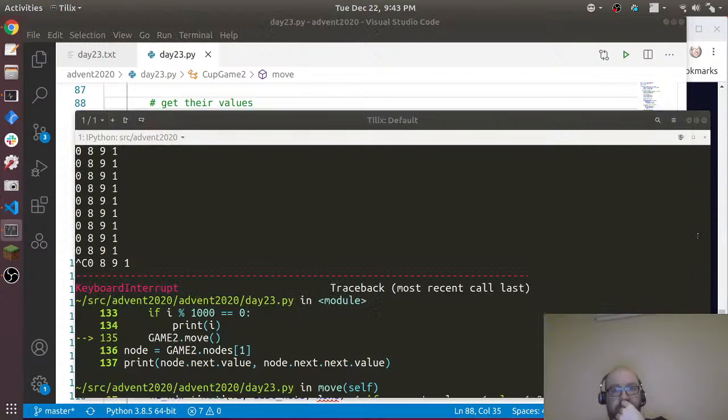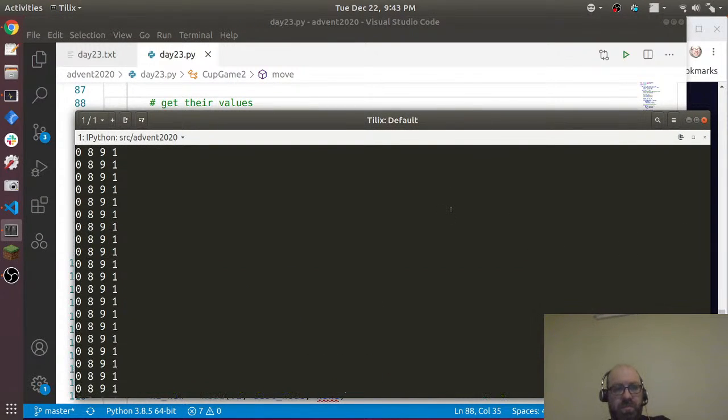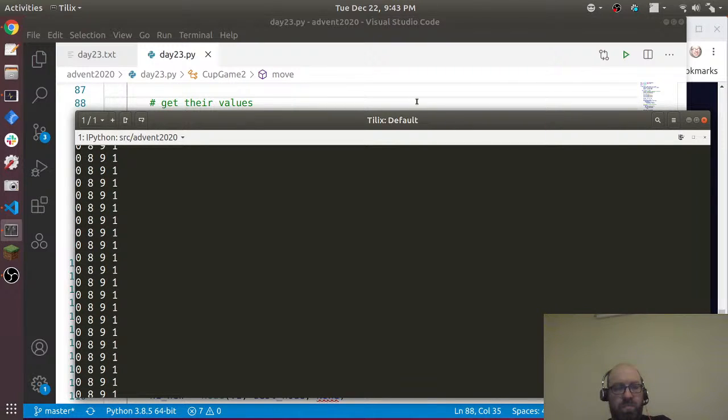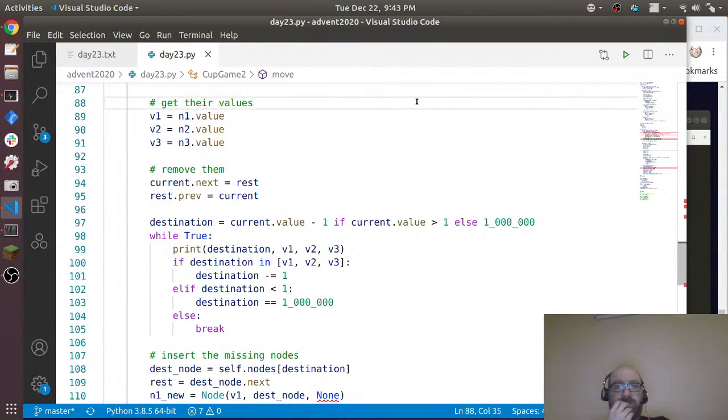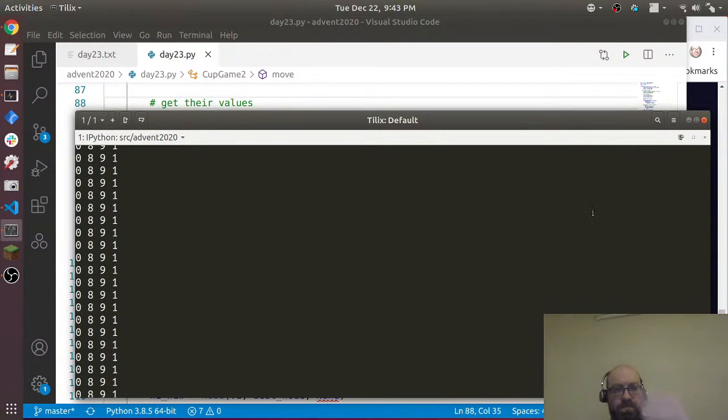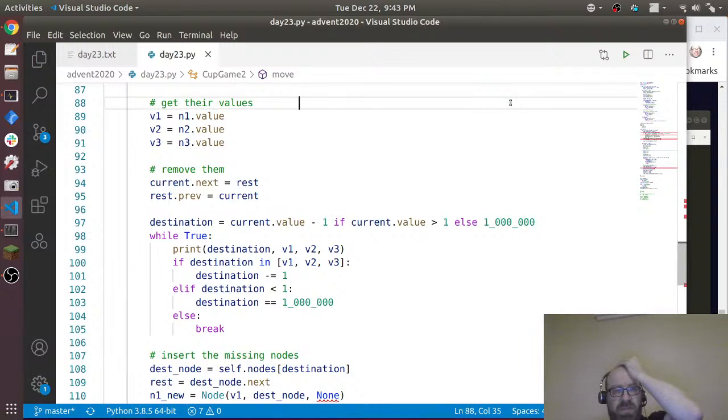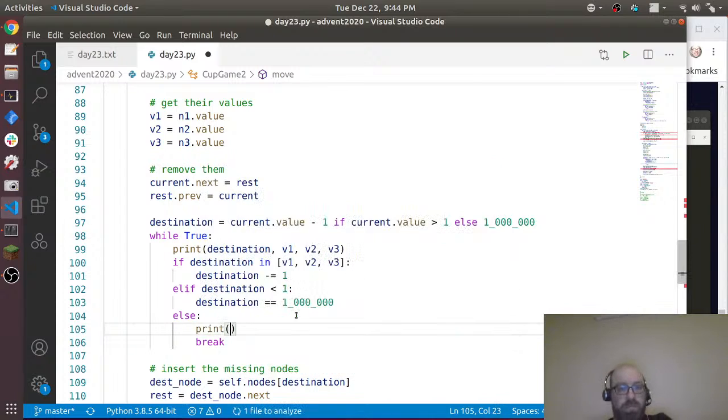While true, print destination is not in that. Otherwise, if destination is less than 1, else, am I just coming back here?